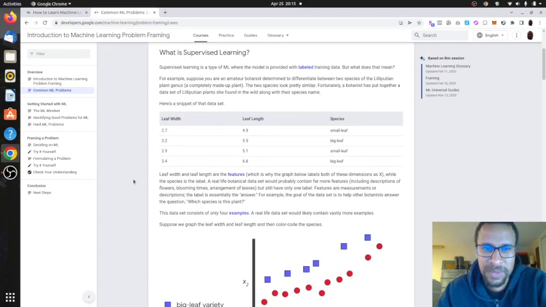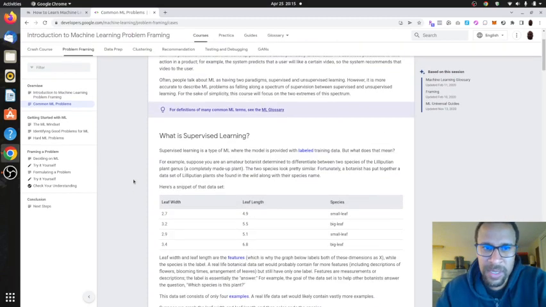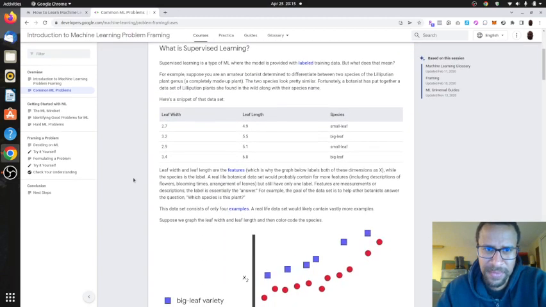So, what is supervised learning? Supervised learning is a type of machine learning where the model is provided with labeled training data. Yeah, not just data, but data that's labeled. It's not just 1, 300, 700, D, 45.